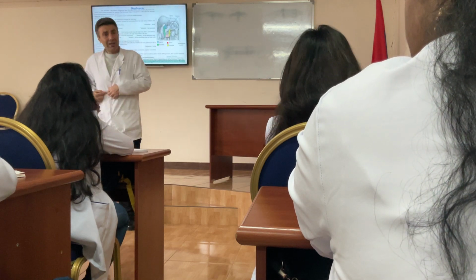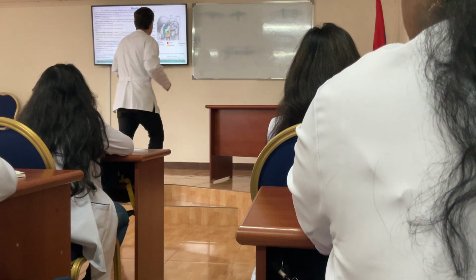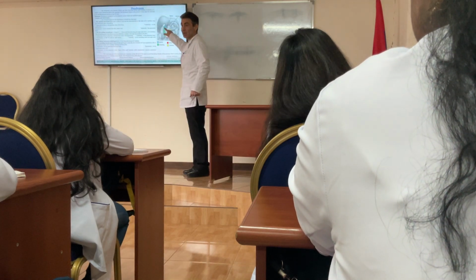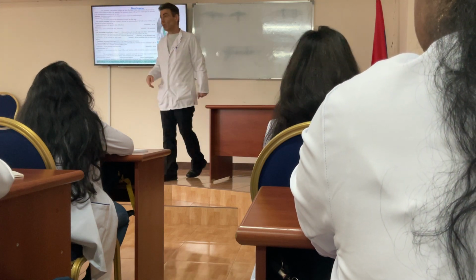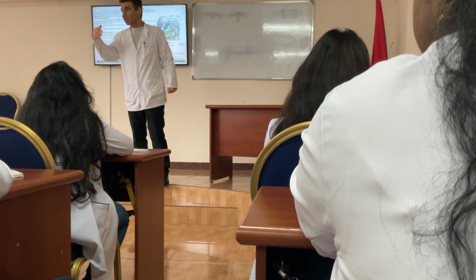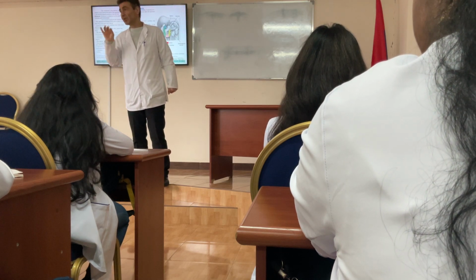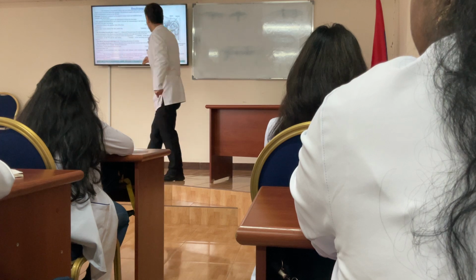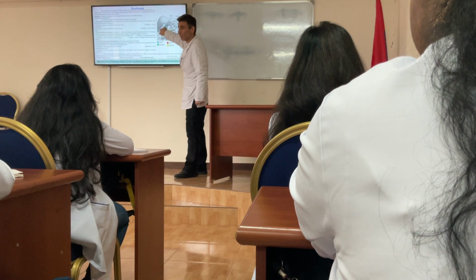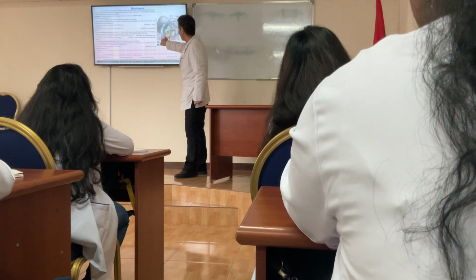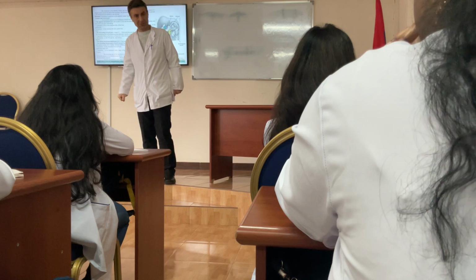Then we come to the descending part. By the way, between the descending part and the superior horizontal part will be the first flexure of the duodenum, which we call flexura duodenalis superior, the superior duodenal flexure. Again, the level of L1. Now your descending part of the duodenum starts from the level of L1 and finishes at the level of L3.